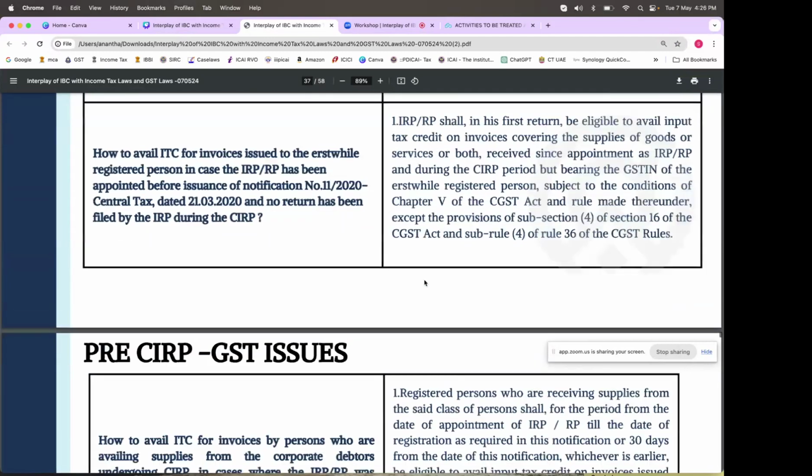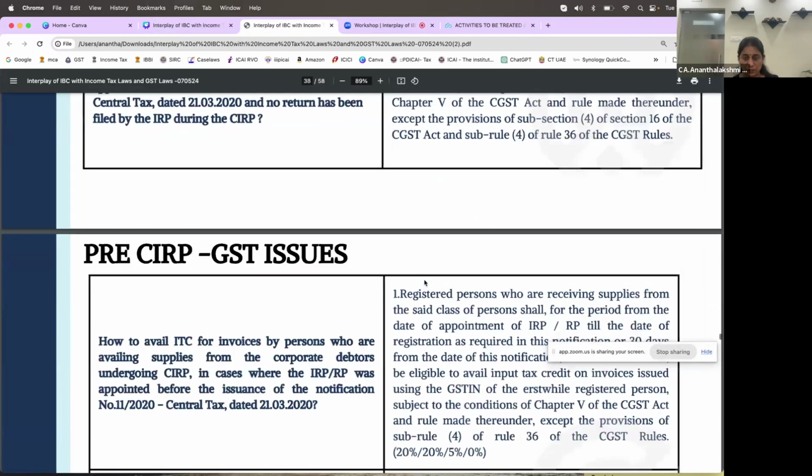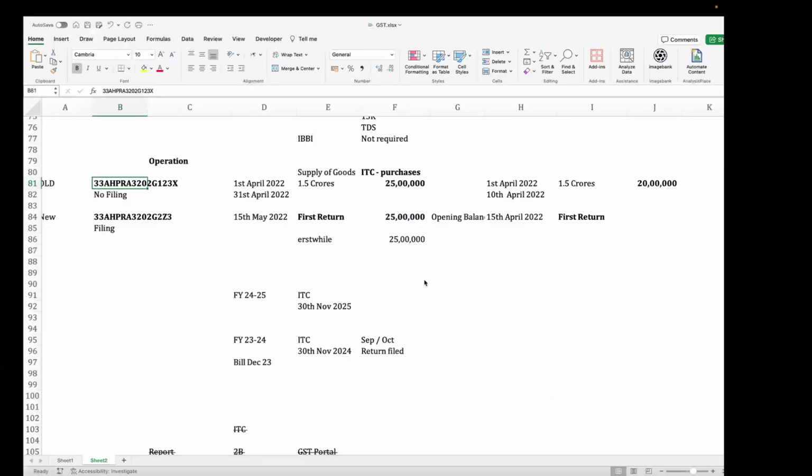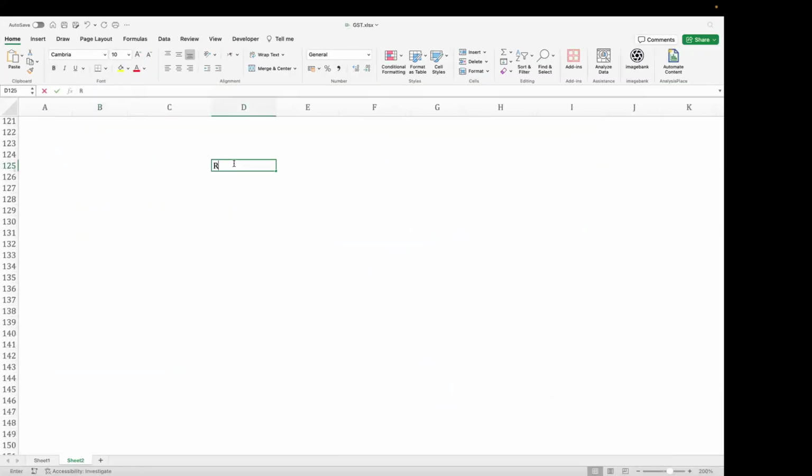Any doubts with regard to these? If the RP has been replaced and there is enough credit balance and cash ledger balance, can the new RP presume that compliance regarding the new registration has already been made?